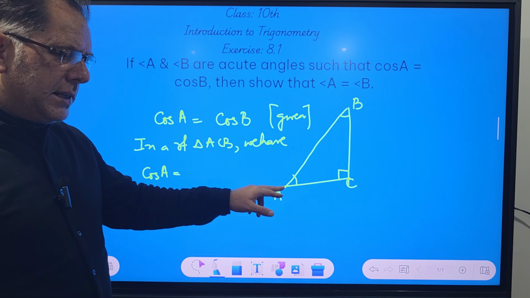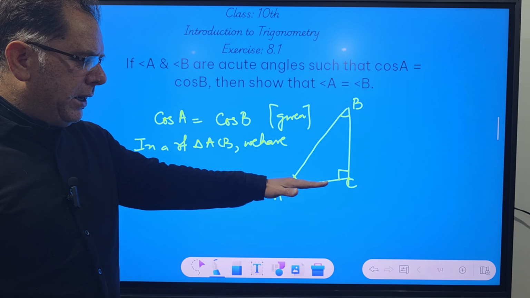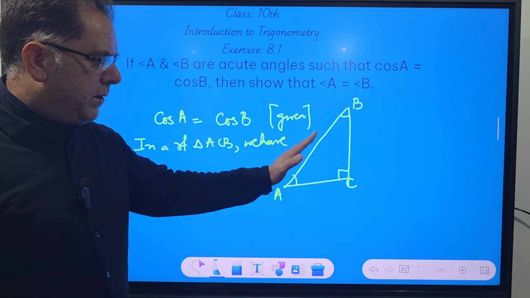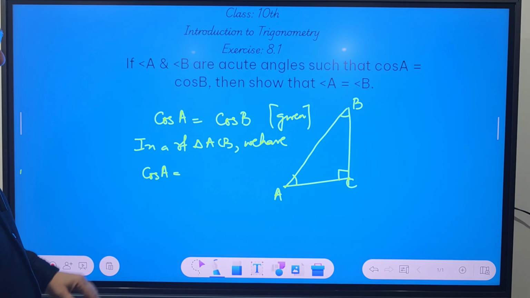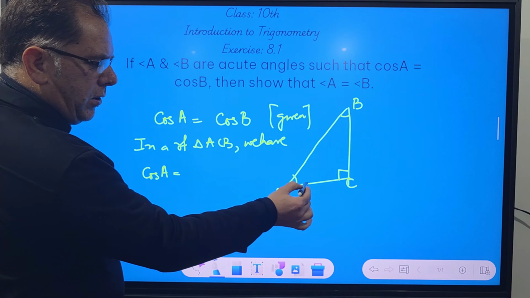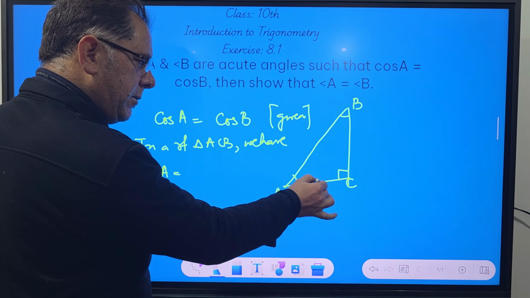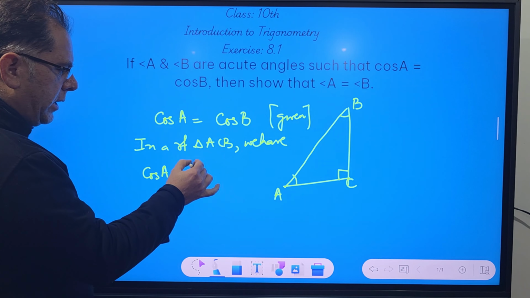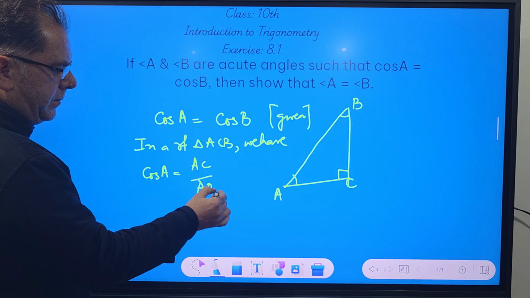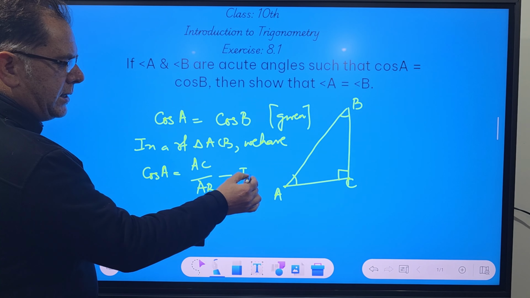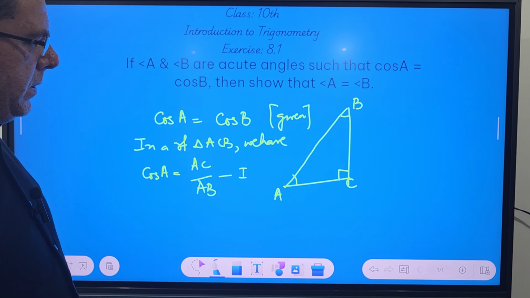When the angle is here, it defines which is the base and which is the hypotenuse. So this is the base here and this is the hypotenuse here. Now you know that cos is base divided by hypotenuse. So cos A is equal to AC divided by AB. We'll keep it as the first equation here.